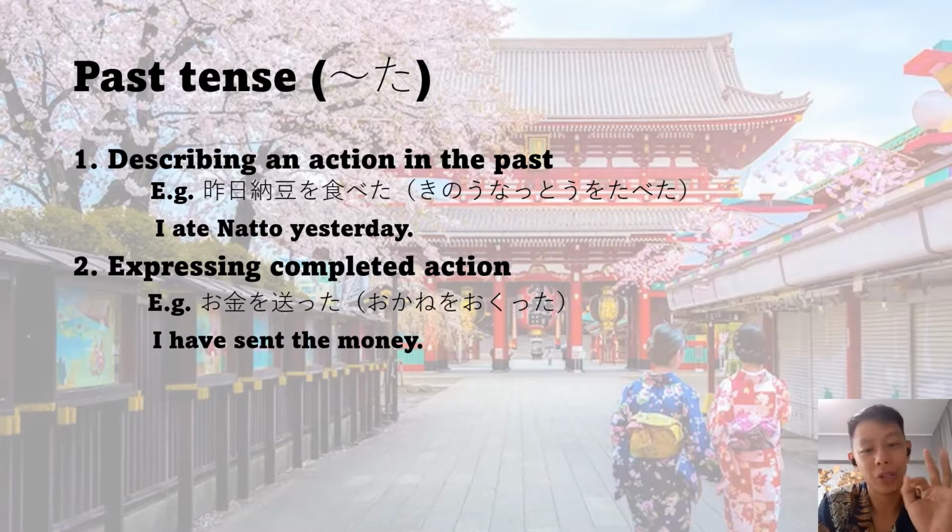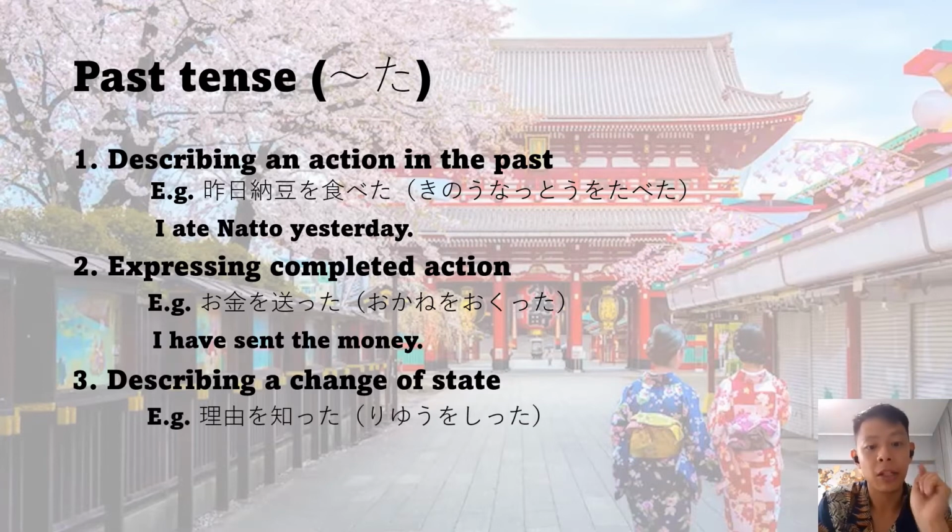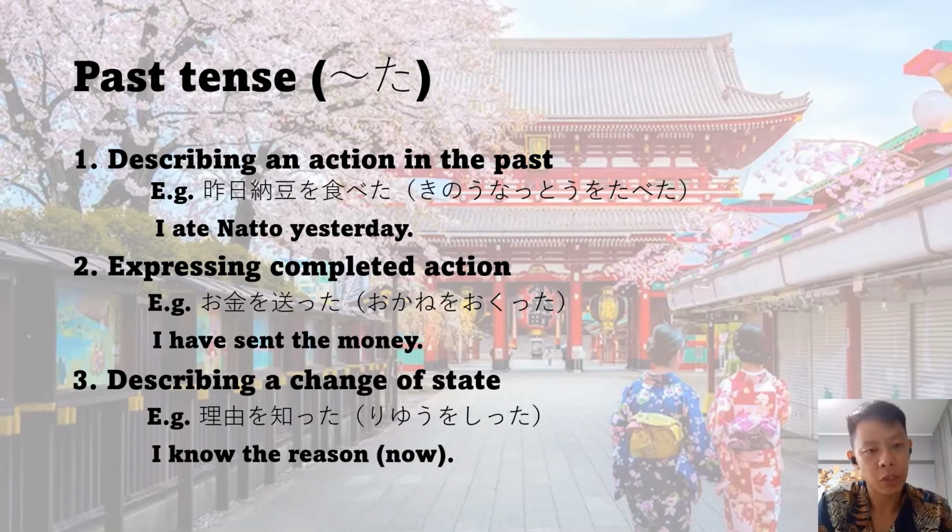The third way to use this past tense is when you're describing a change of state. Whenever there is a change of state, the verb that is used to describe the change of state would be in the past tense. I'll give you an example. 理由を知った. That means I know the reason now. The reason why 知る, which means to get to know, is conjugated to the past tense 知った is because there is a change of state.